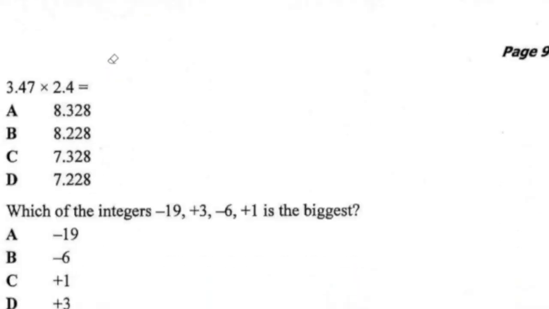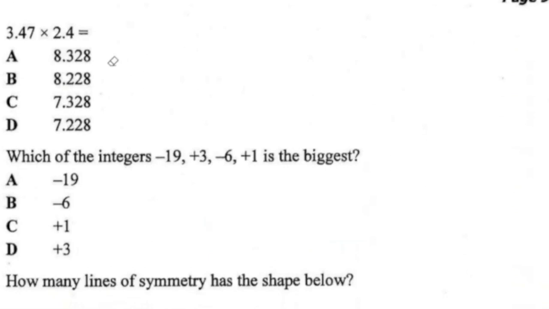Okay, we go to question number 37. On 37 we are multiplying decimals. So what we do when we are multiplying, we can stop first and forget about the decimal places. When we get these numbers, we forget about decimal places.